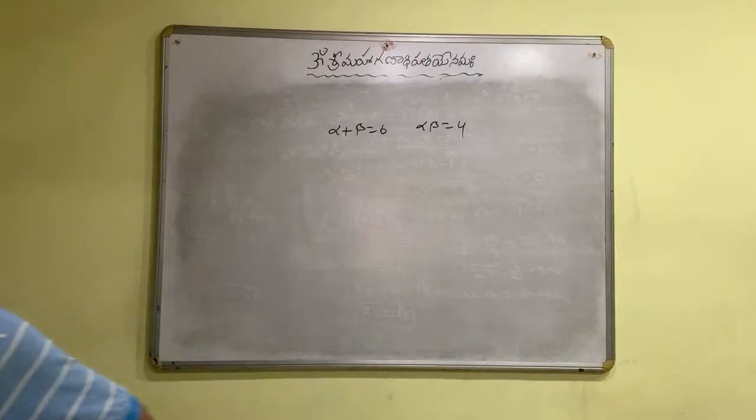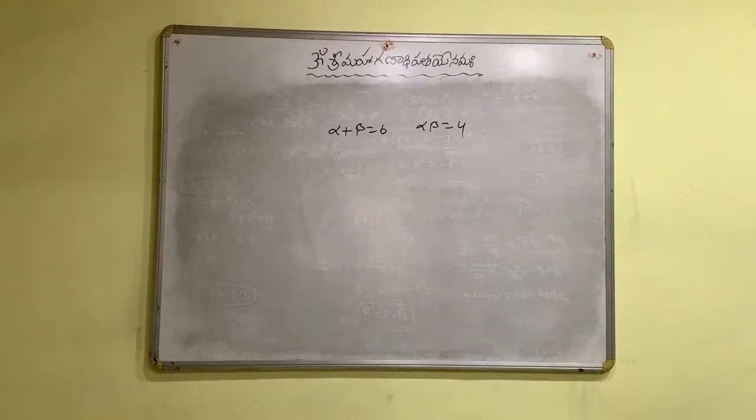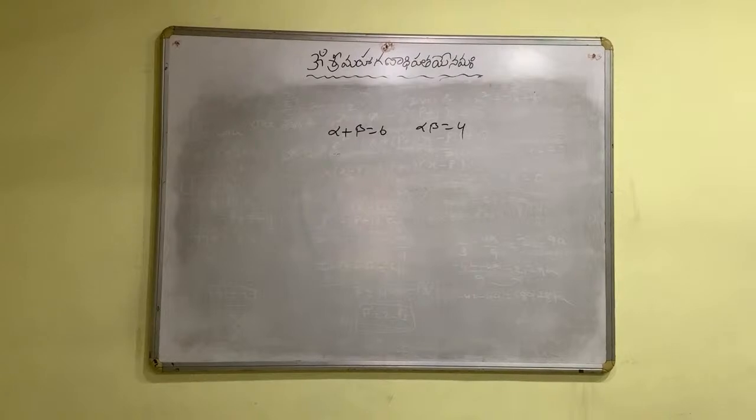Then what will be the polynomial, children? What is the polynomial? So no one is responding. Alpha plus beta is given 6, alpha beta given 4. Then what will be the polynomial?